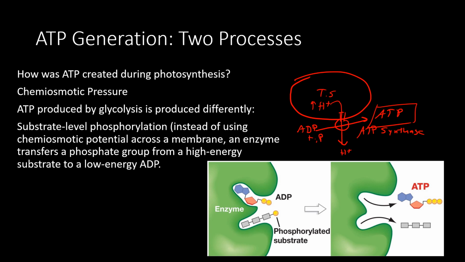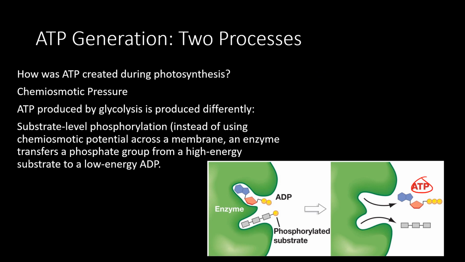This next way is a different way of making ATP. What we do is we take an enzyme with an active site, and we take a substrate molecule. That substrate molecule, S, happens to have a high energy phosphate group on it.